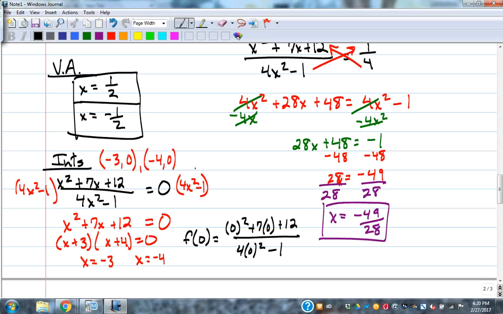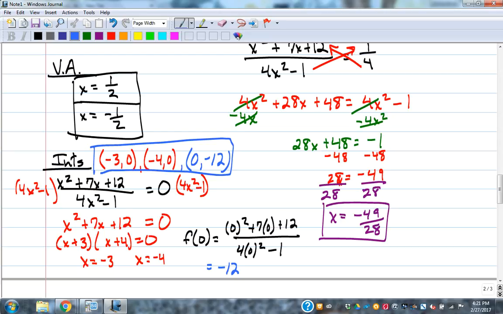It ends up being 12 over negative 1, which is negative 12. So the other intercept is at 0, negative 12. So there are 3 intercepts that we happen to have for this particular problem. You won't always have that many intercepts, and you might not have any x-intercepts.